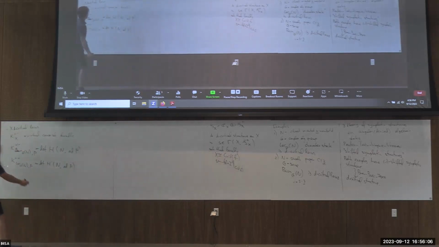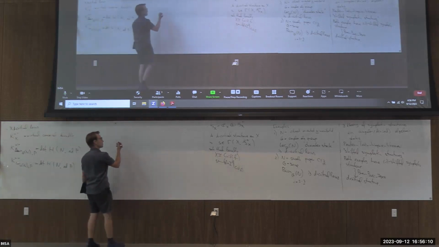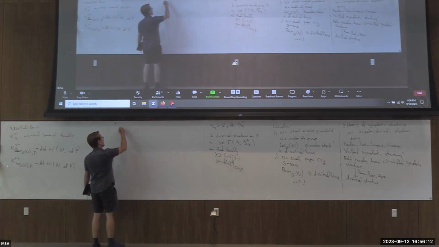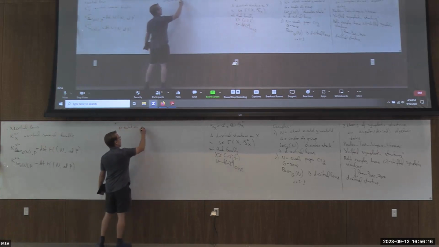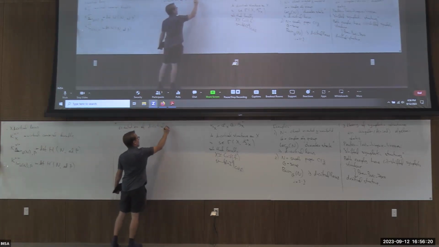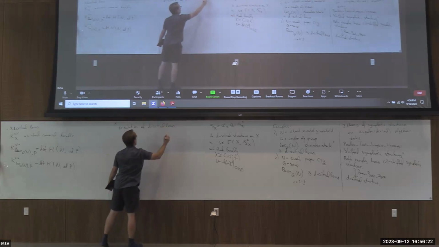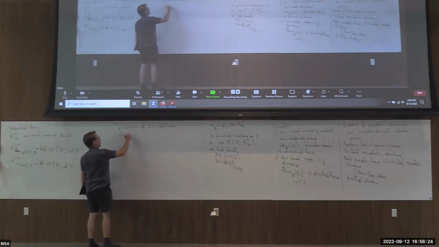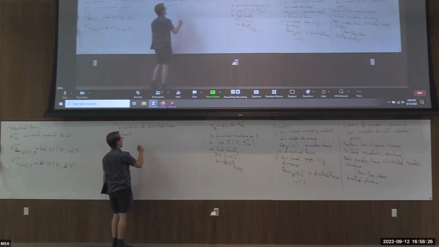So the reason I want to mention virtual canonical bundles is that there's this important notion of orientation. It's just a choice of square root of this canonical bundle.